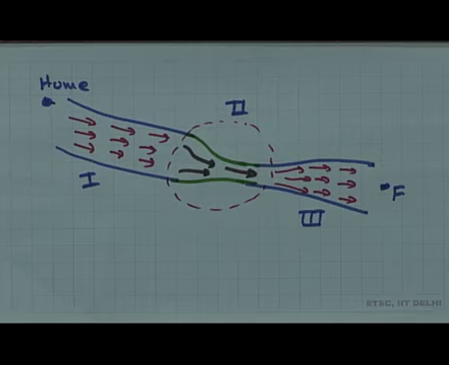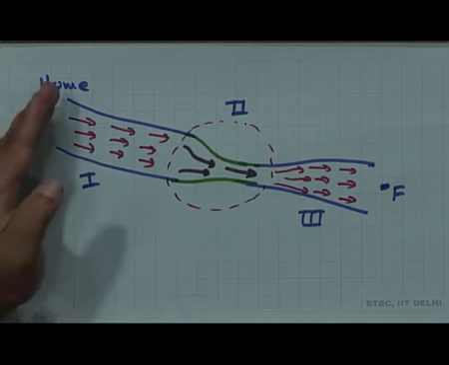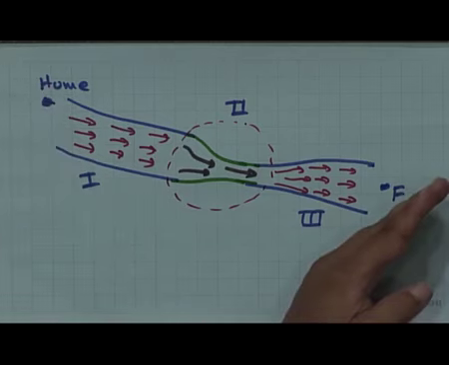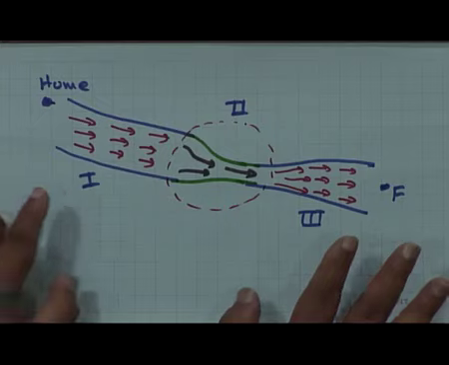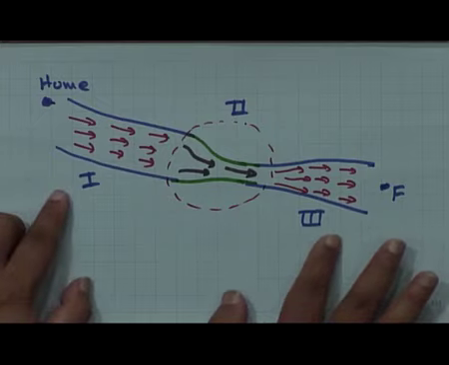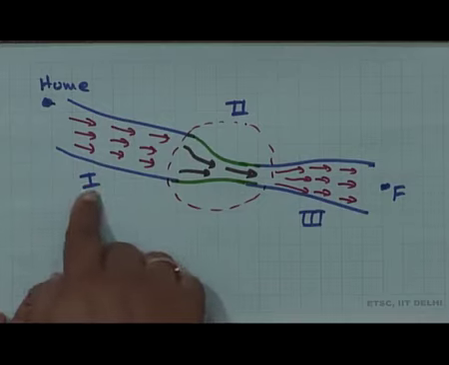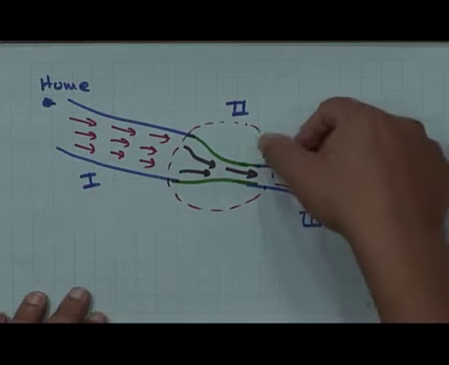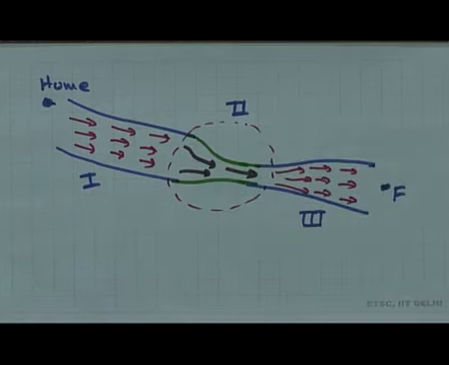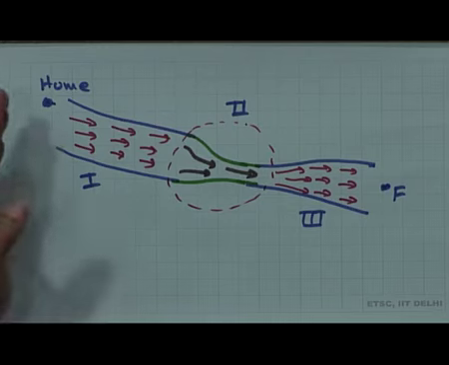So the total time they took, that means the rate at which you could reach your friend's place, was not determined by steps 1 and 3, but it was determined by step 2, because this is the slowest stretch in terms of travel from your home to your friend's place.